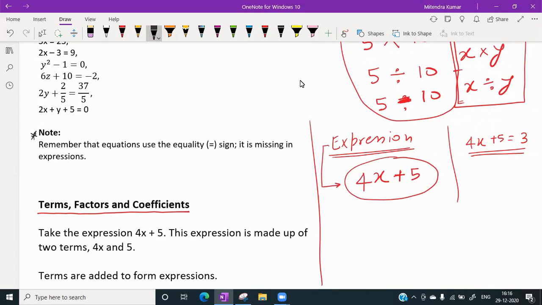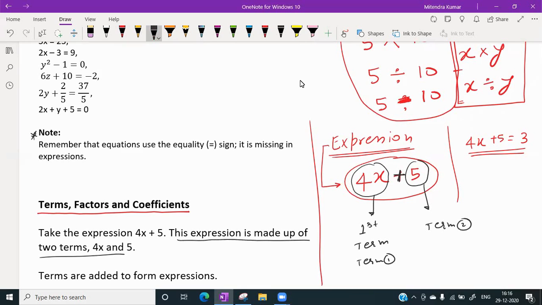Okay, so again, whatever terms you are able to see in between plus or minus signs, that is called terms. So if you take an example, this expression is made up of two terms. This is the first term, or you can say term number one, and this is term number two.